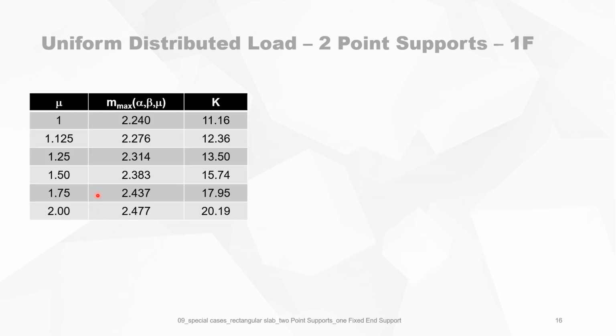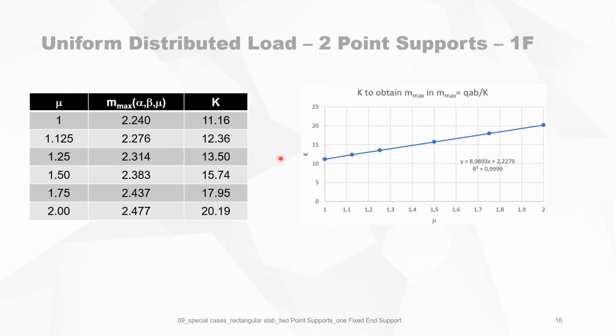When calculating the maximum bending moment, it's easy to express it as the total load divided by a coefficient. So it's QAB, that's the total load, divided by a coefficient K. I calculate this coefficient and plot it in a graph as a function of mu from 1 to 2, because mu bigger than 2 makes almost no sense for the yield lines. And then I've plotted all those values of K using this table.